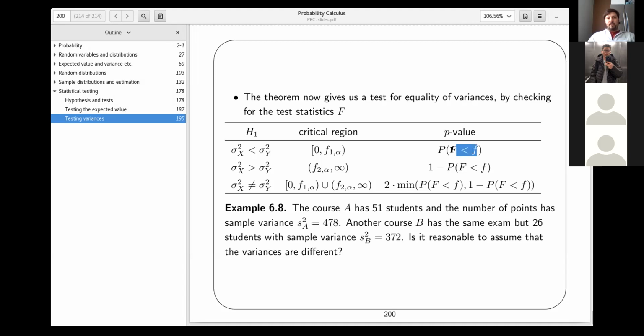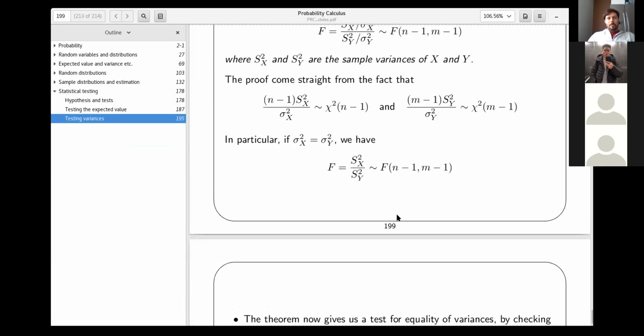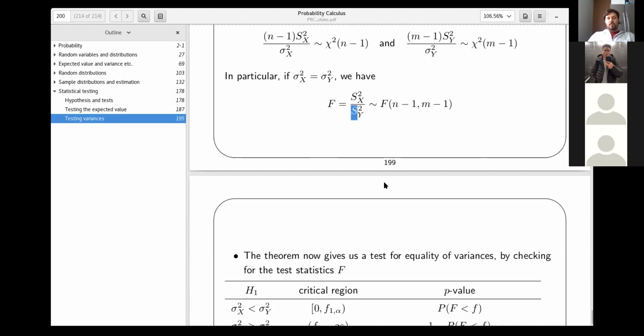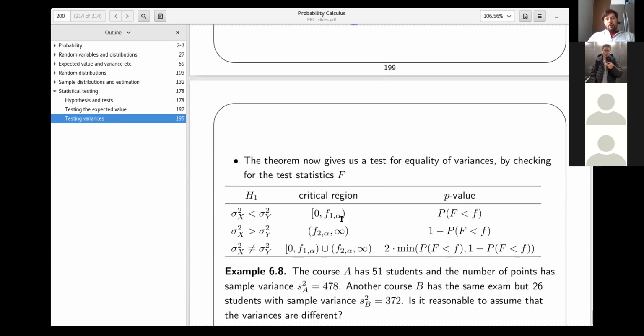If this value is very small, then the variance of X is probably smaller than the variance of Y. If this proportion is very large, it means that the variance of X is probably larger than the variance of Y. And here we have these regions.